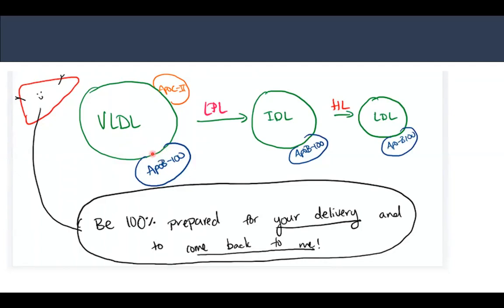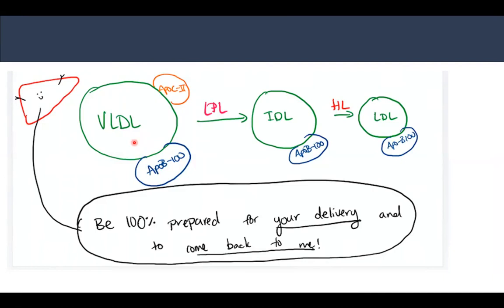The function of ApoB100 is so that the cells that are not in my liver, so my fat cells, my muscle cells, recognize ApoB100, and the fat inside my VLDL can be delivered to my peripheral tissue. So it's delivery of fats, right? It delivers the fats inside VLDL to the peripheral tissues.